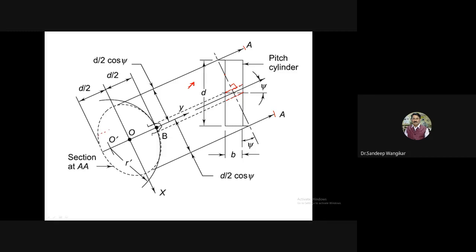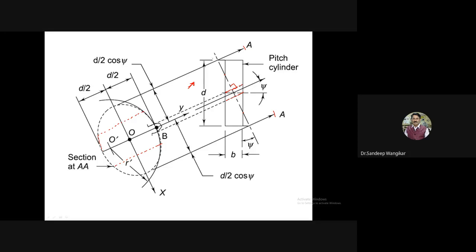This is for your understanding, friends. If we cut up to this point, and the other side is this point, and I take the projection, it will come approximately here. So you will see only these two lines, and the profile you are observing here is this dotted one. Like this you will observe.